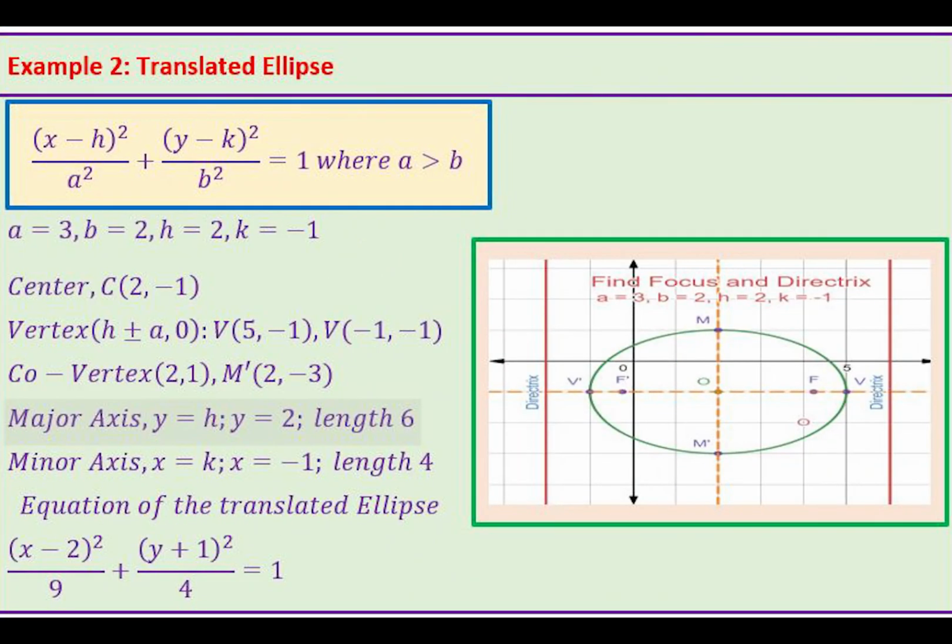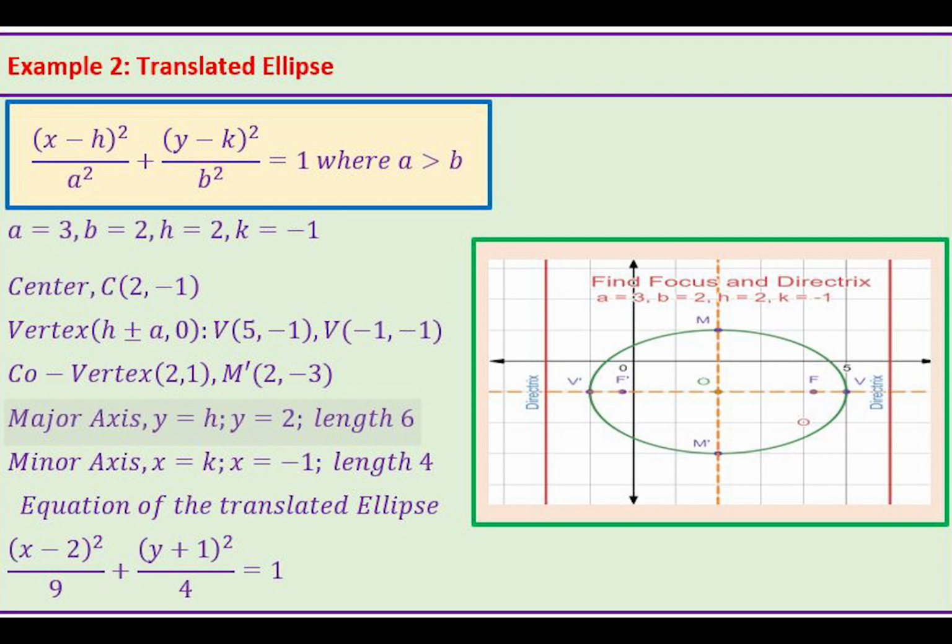Here is the solution for our example 2. It is a transformed ellipse where the value of a is 3, b is 2, h is 2, and k is minus 1. The ellipse has been translated 2 units right and 1 unit down. So the center is at (2, minus 1). The vertices will be at (5, minus 1) and (minus 1, minus 1).